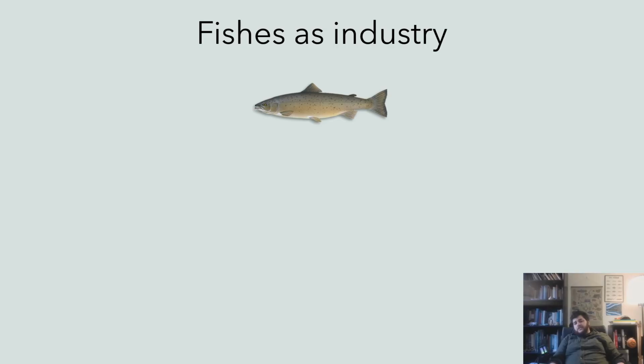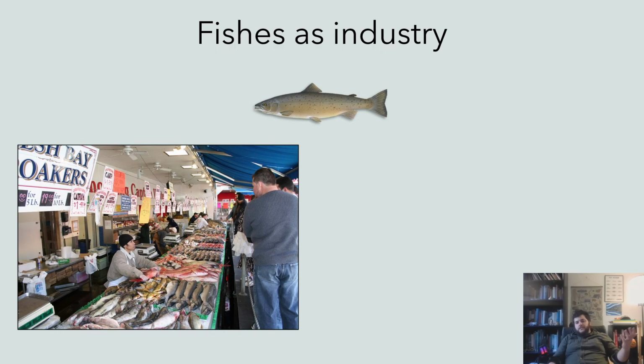We don't just pick fish out of the water and eat them, right? There's a whole industry built up around finding and harvesting fishes called the fisheries industry. So fisheries encompass basically the people who are employed in catching, harvesting, preparing, selling fish and fishes primarily as food. So here we have a fish market, for example.